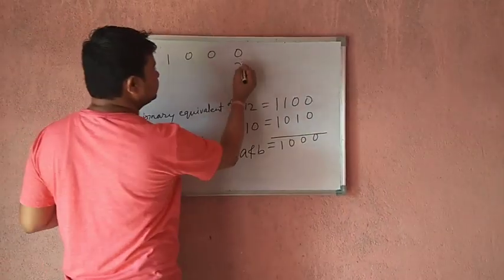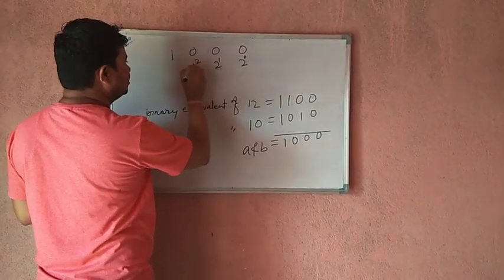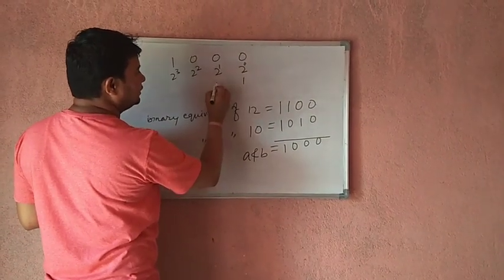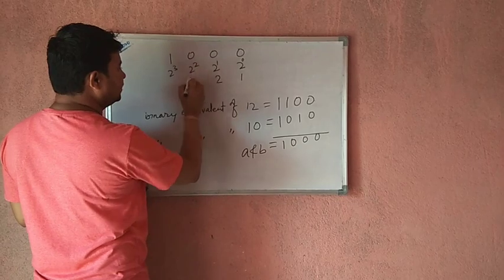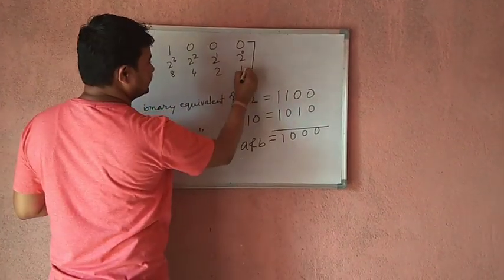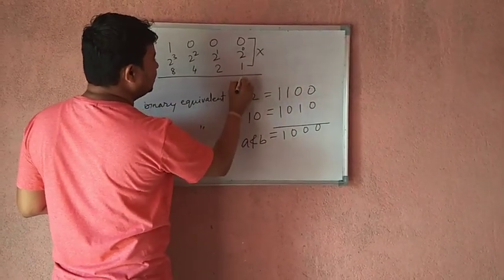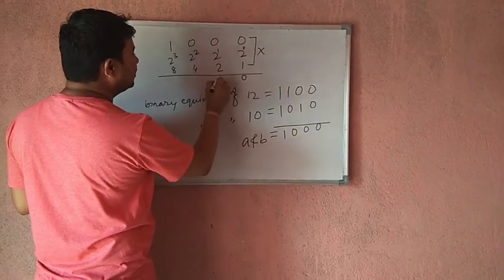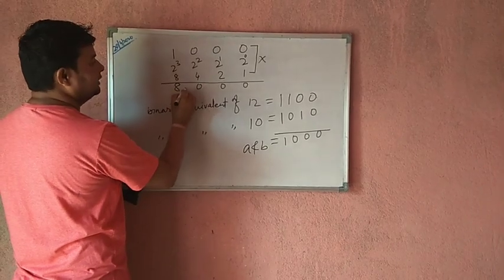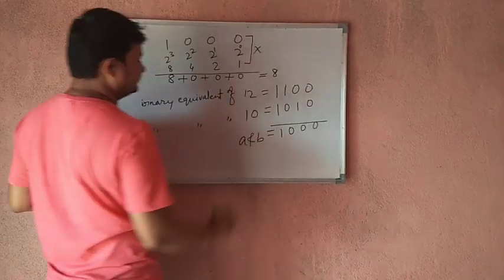So 2 to the power 0, 2 to the power 1, 2 to the power 2, 2 to the power 3. 2 to the power 0 means 1, this is 2, 2 to the power 2 means 4, 2 to the power 3 means 8. Now multiply this and this. 1 into 0, 0. 2 into 0, 0. 4 into 0, 0. 8 into 1, 8. Now add. What will be the answer? 8.